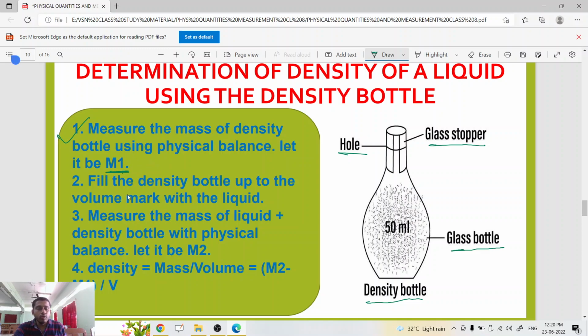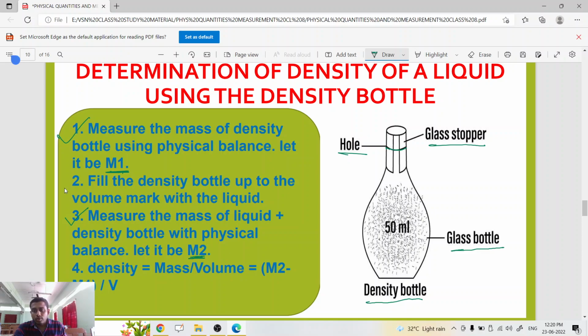Now fill the density bottle up to the volume mark. Up to this mark we fill the density bottle with the liquid, and we again measure the mass of the density bottle with the liquid. In this case we get the result m2.